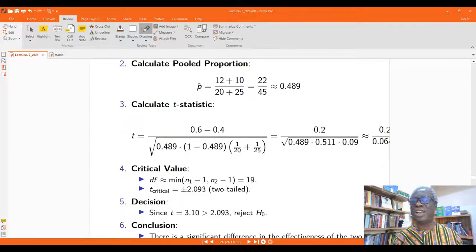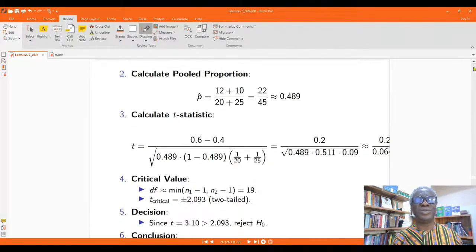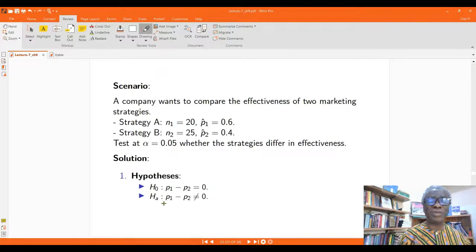First we formulate the hypothesis. The null hypothesis H0 is P1 minus P2 equals zero, where P1 we could call PA and P2 is PB.